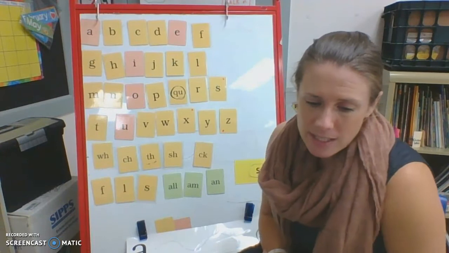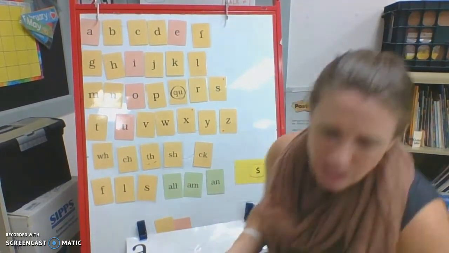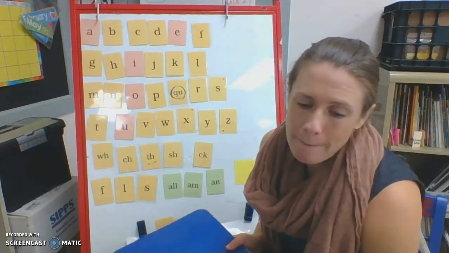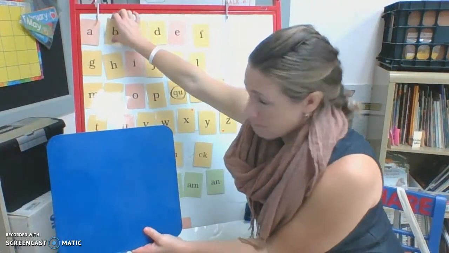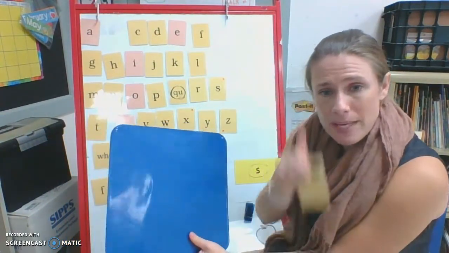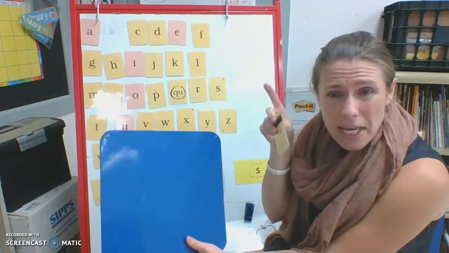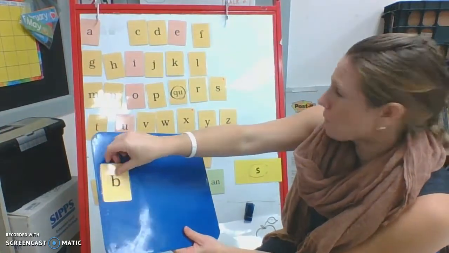Okay, so now we need to work on making some words. Let's make the word bugs. Now, watch me make it. I would say, what's the base word? Bug. Remember, the base word is usually singular, just one, and when it has the S at the end, it's often plural, more than one.